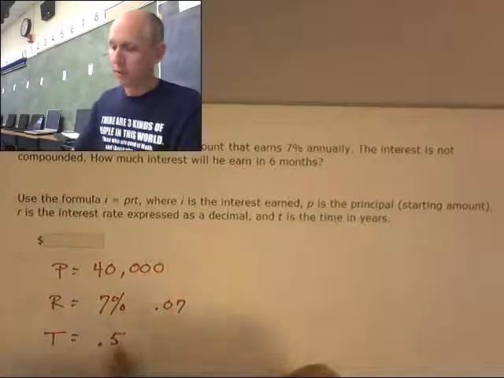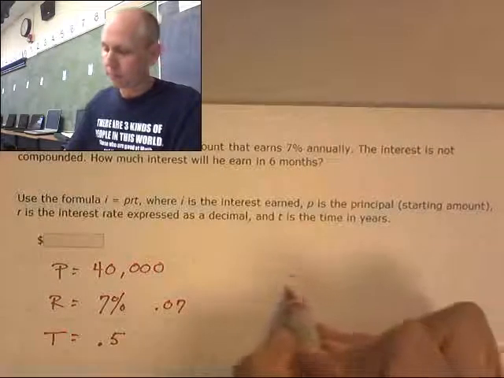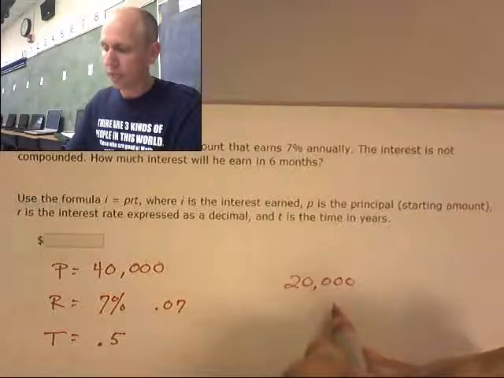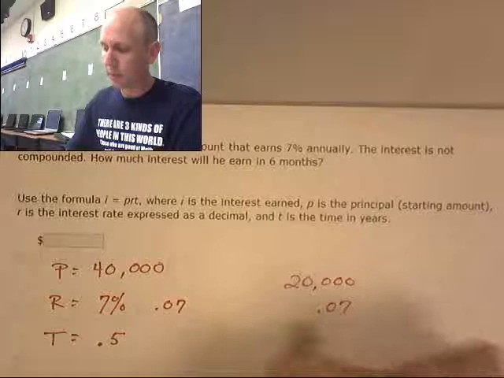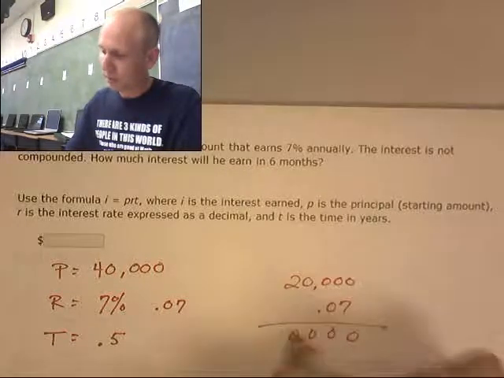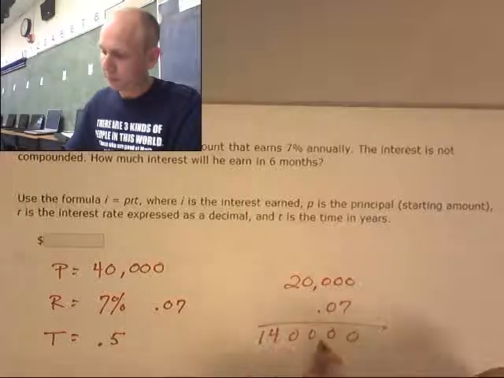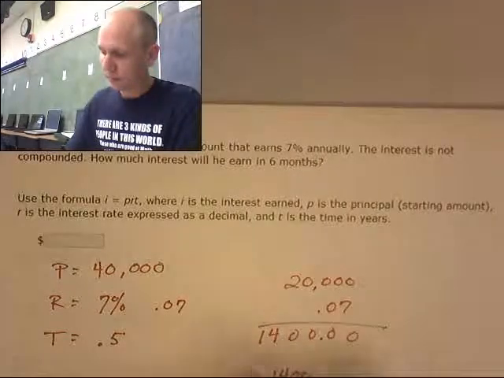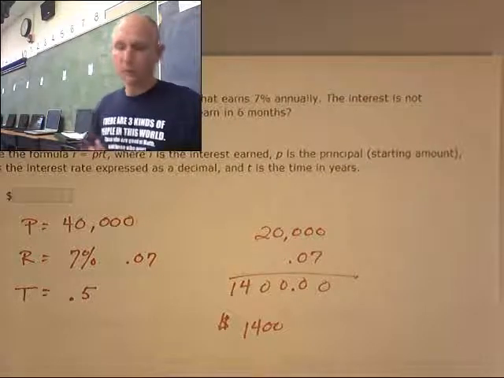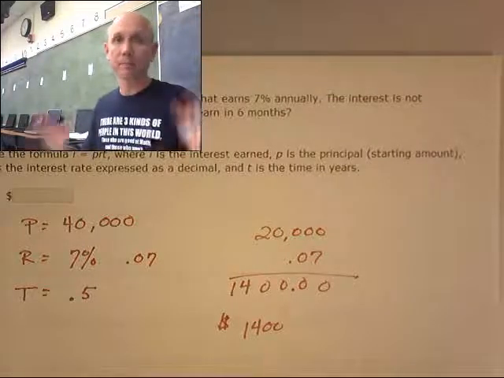Let's do the math. What's half of 40,000? 20,000 times 7%. He'll make $1,400. All right. That's it.